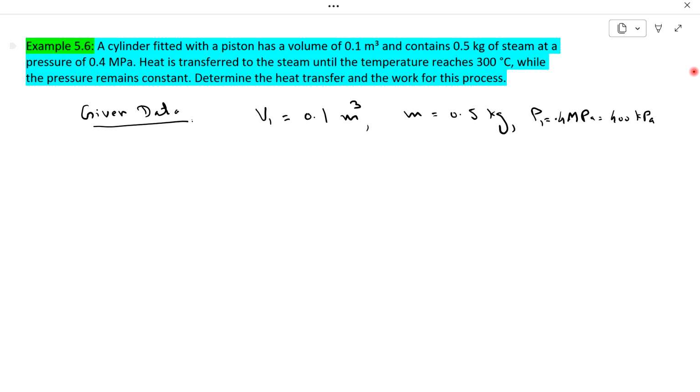Heat is transferred to the steam until the temperature is 300.